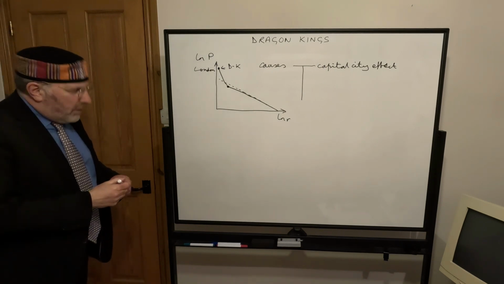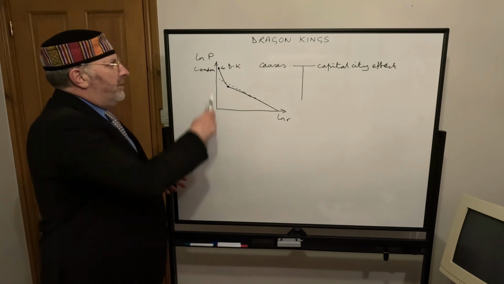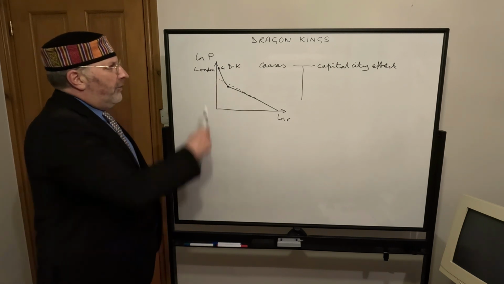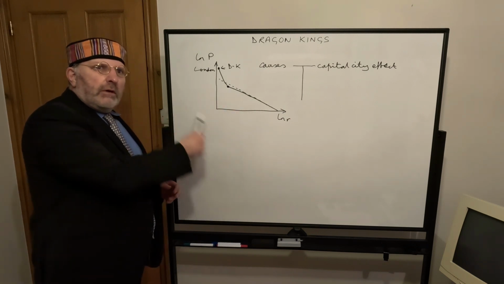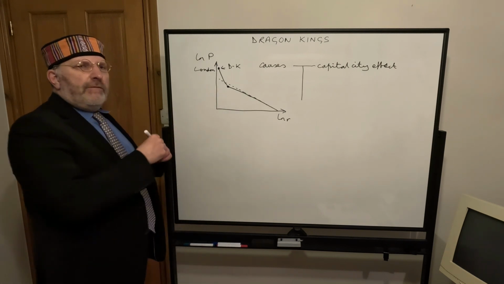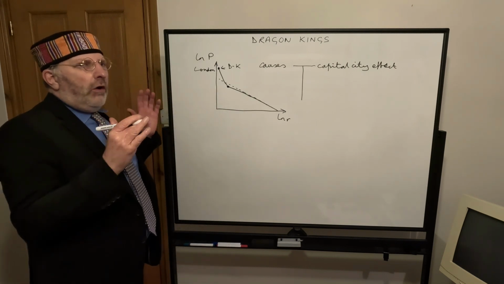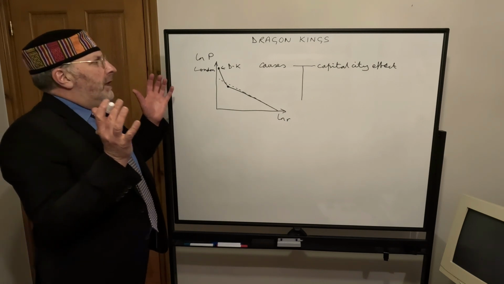What seems to cause this is that London, as a capital city, is not just part of the economic system of Britain, of the UK, it is part of the economic system of the whole world. So it has a role within the world as a whole.